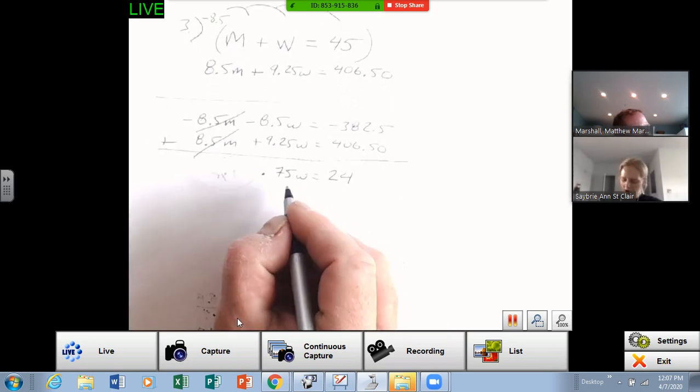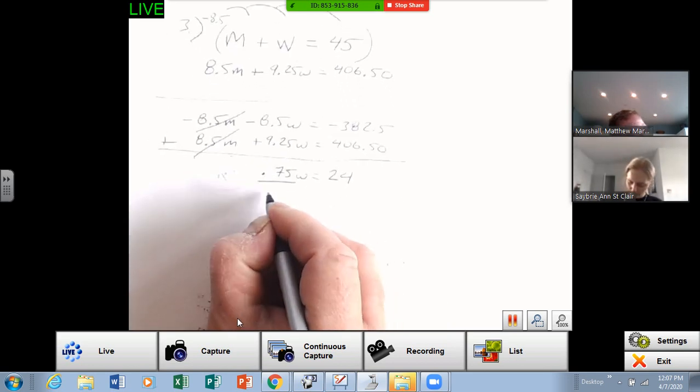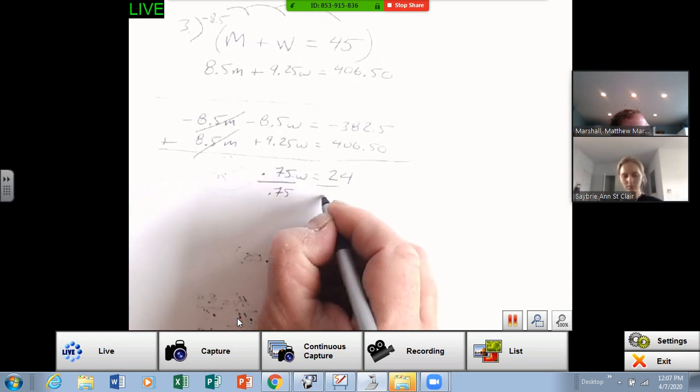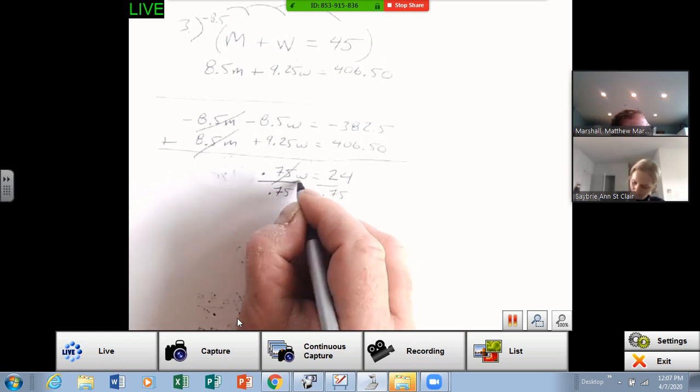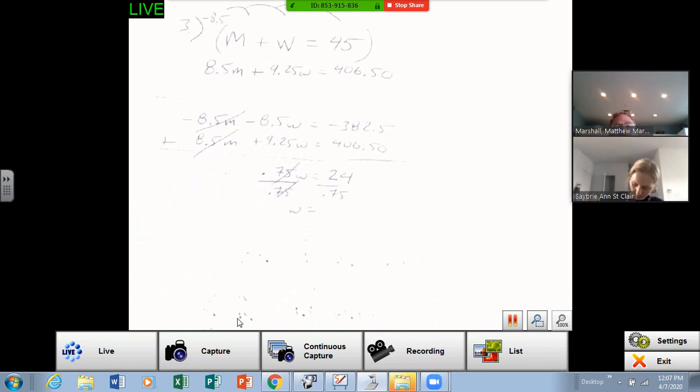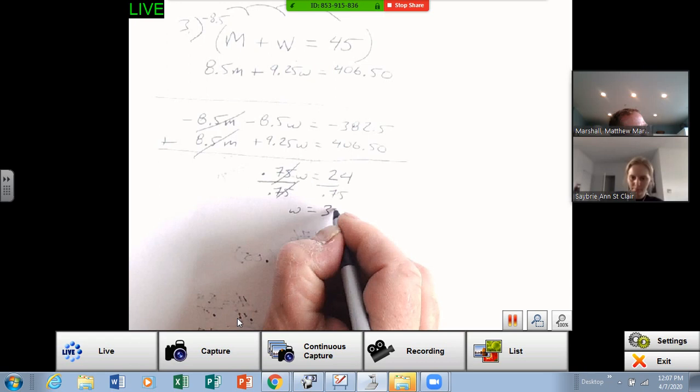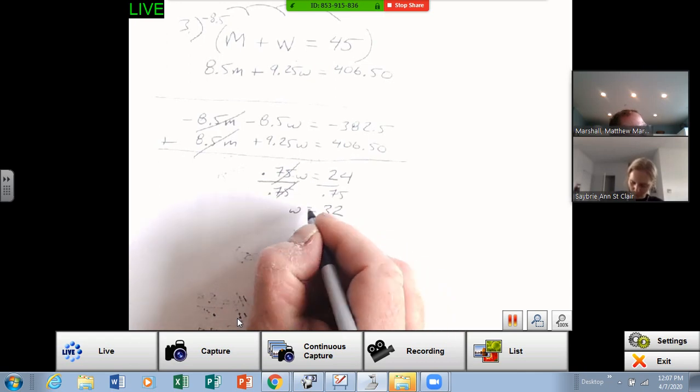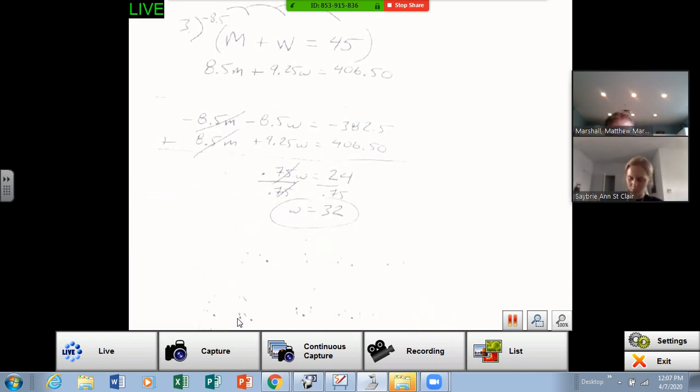And then the opposite of timesing by 0.75 is dividing by 0.75. And then 24 divided by 0.75 gives me 32. Yep. And then would you know how to do the men's shirts?